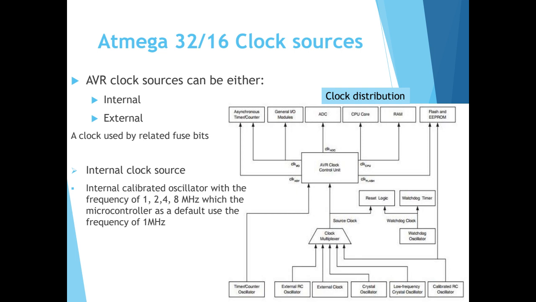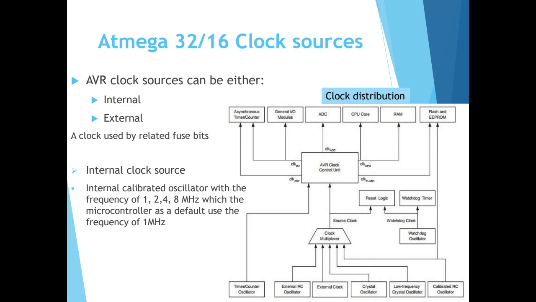What does it mean? It means that using the internal clock, with the specified frequency and being less precise, gives us the opportunity to use the pins of our microcontroller for other tasks. Sometimes we have so many interfacings for our microcontroller, and you know that the number of pins is limited.